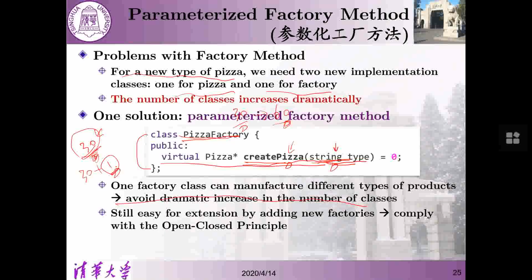Am I clear? In the initial design, we can consider all the products. Then in the future, if we want to extend it, we add a new factory. We do not modify old code. So this is the parameterized factory method. It complies with the open-closed principle, because we still add a new factory for a new type of pizza in the future.